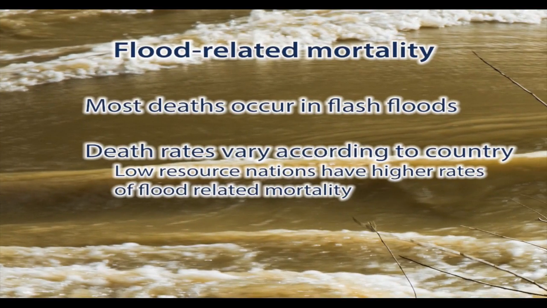So with respect to flood-related mortality, I pointed out earlier that most deaths actually occur in flash floods compared to riverine floods. Certainly there are significant numbers of deaths associated with riverine floods, but between the two, flash floods are more dangerous, as we discussed in the past. Also, death rates vary according to country. Low resource nations have higher rates of flood-related mortality when we compare those to high resource nations.